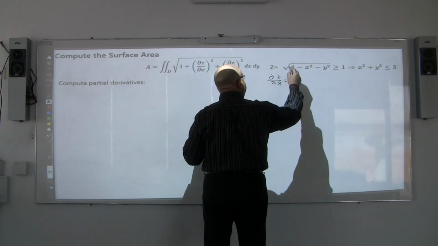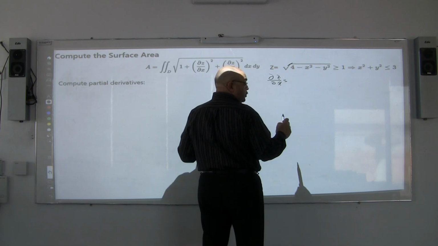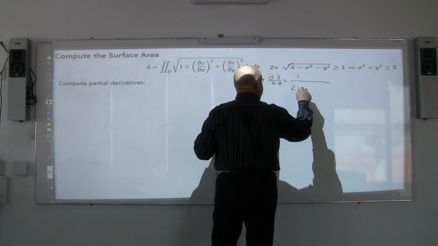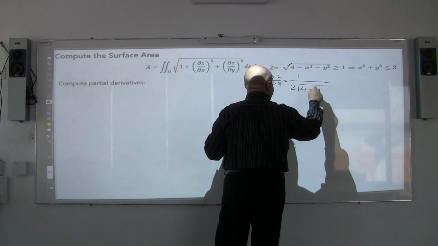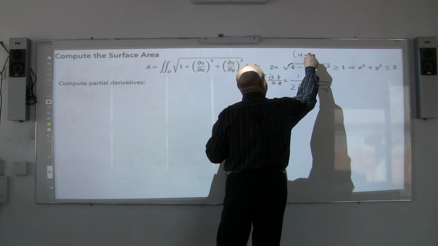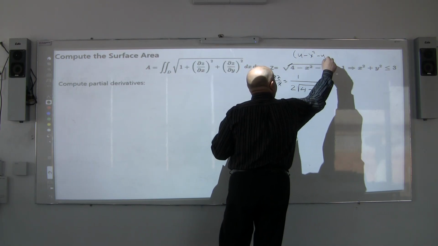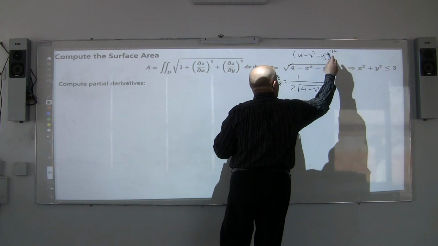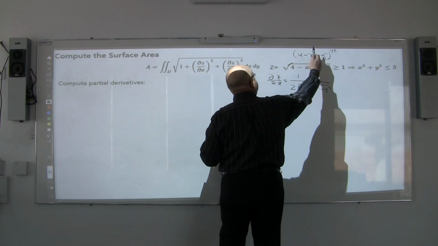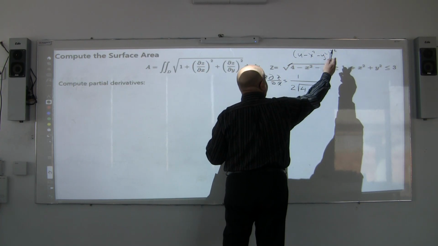All I have to do is to differentiate first the root, which is going to be 1 over 2 of the root of 4 minus x squared minus y squared, or instead considering 4 minus x squared minus y squared to the power of half, just differentiating. So I will move the half, then taking minus 1, so it's going to be a negative 1.